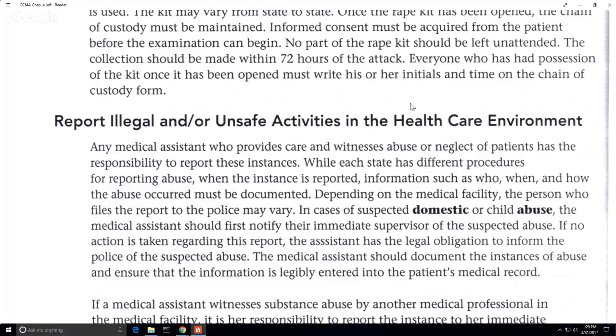So once you have a case like that, the medical assistant should document the instances of abuse and ensure that the information is legibly entered into the patient's medical records. See, everything has to be documented. Otherwise, there is no proof you did anything. So that's the first thing.